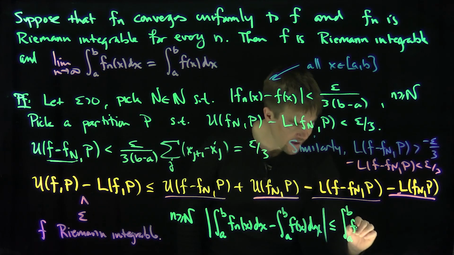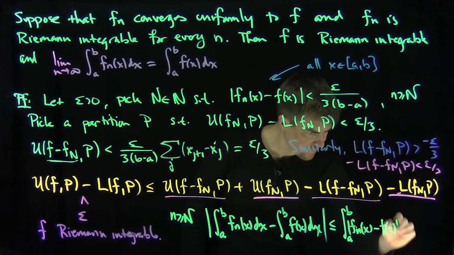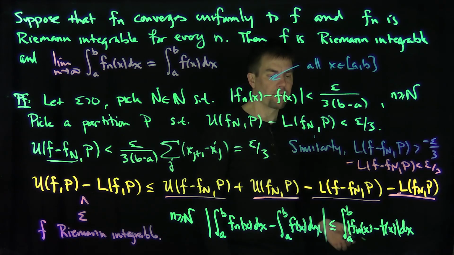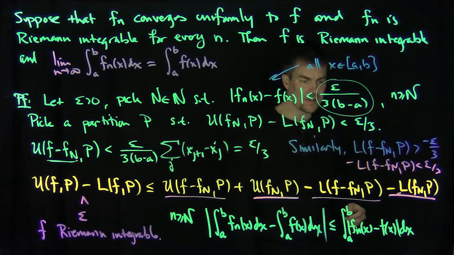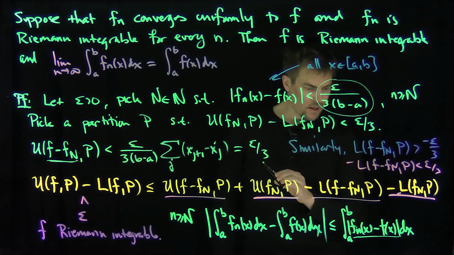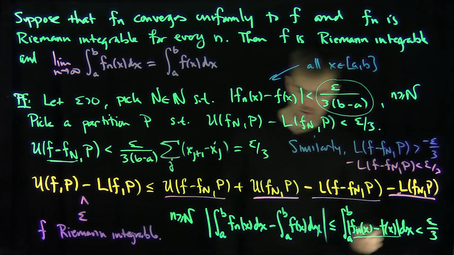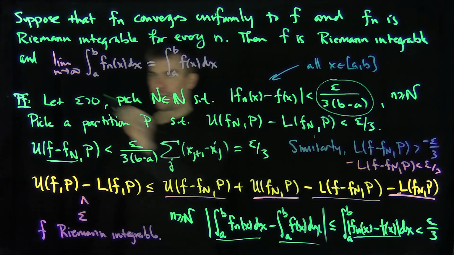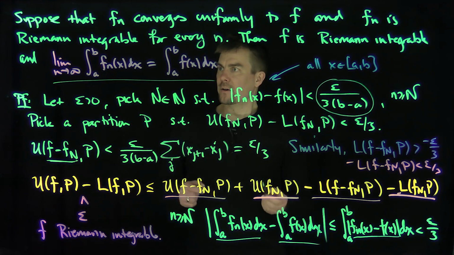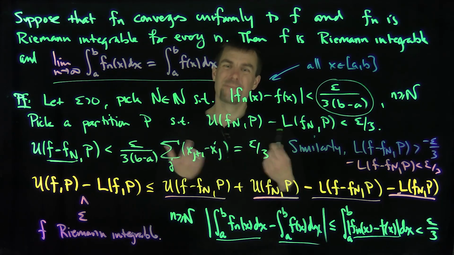For every x in this interval, I know this is less than epsilon over 3(b minus a), so this is going to be less than epsilon over 3. That says if n is bigger than or equal to capital N, these integrals get close to that limit. Therefore, we have this limit result: the limit of the integrals of the Fn is the integral of the limit f. Thank you very much.